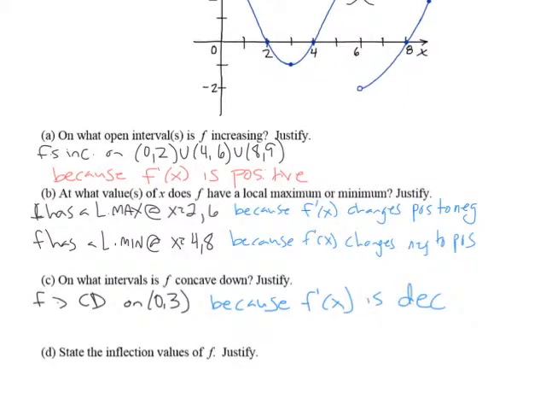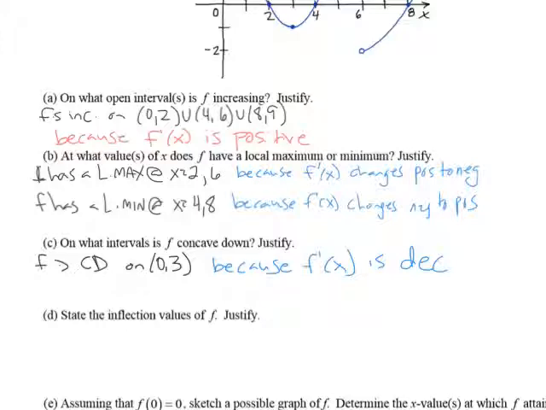So in part D, F has inflection values at x equals 3, and only 3, because that's the only spot where f prime changes from decreasing to increasing, or vice versa.